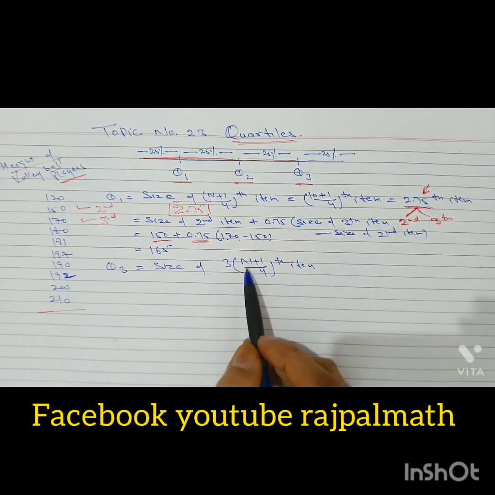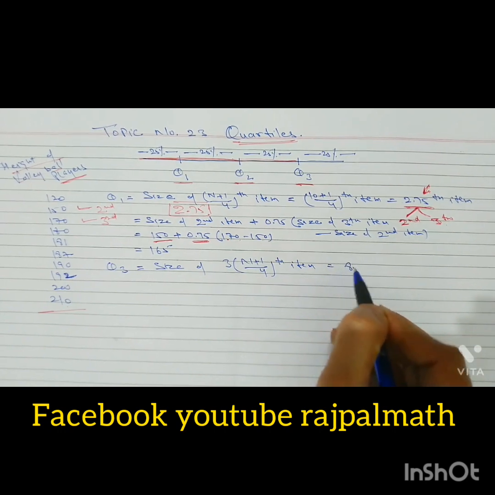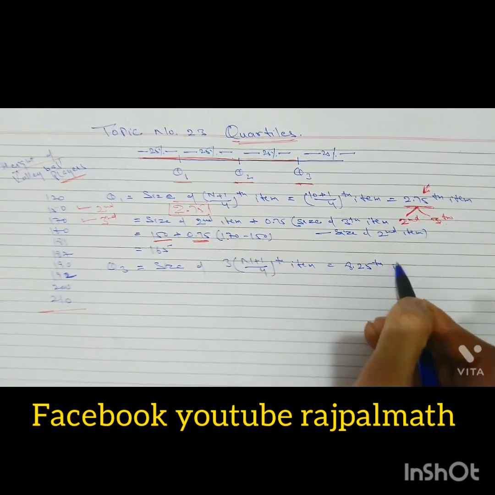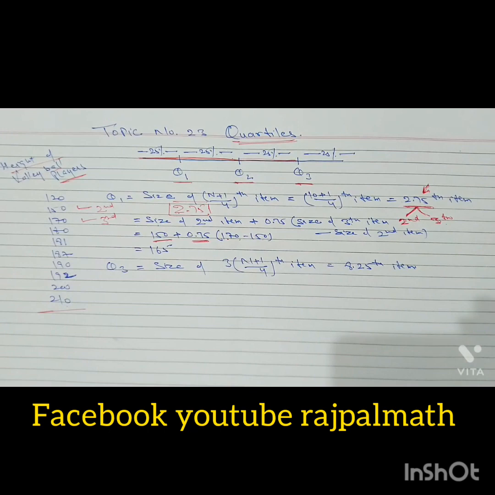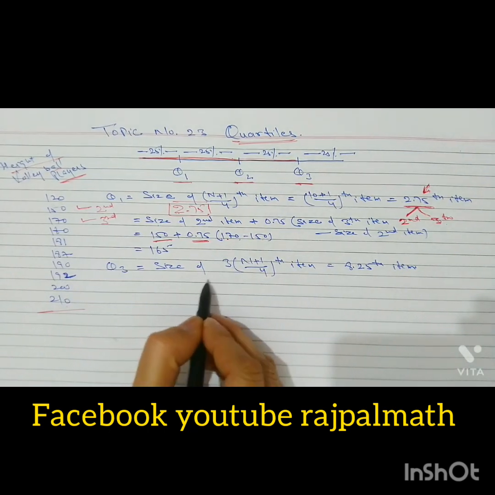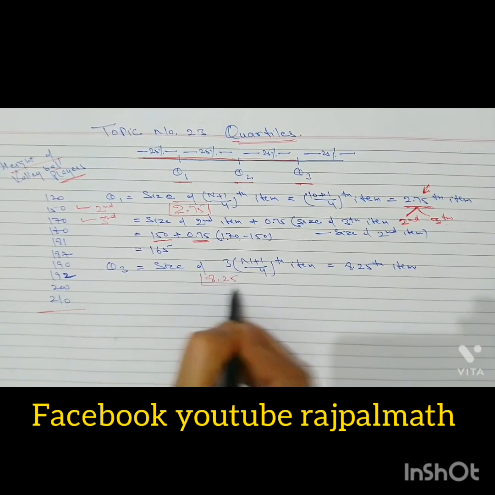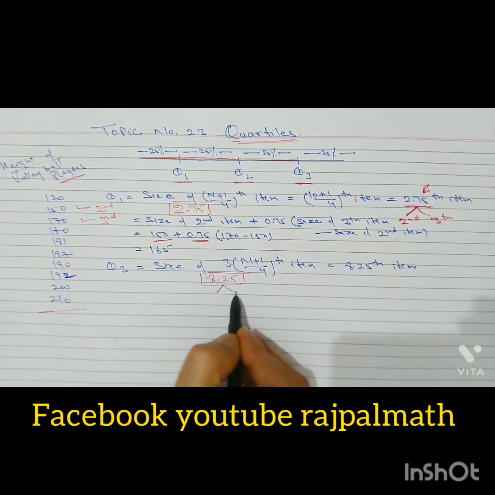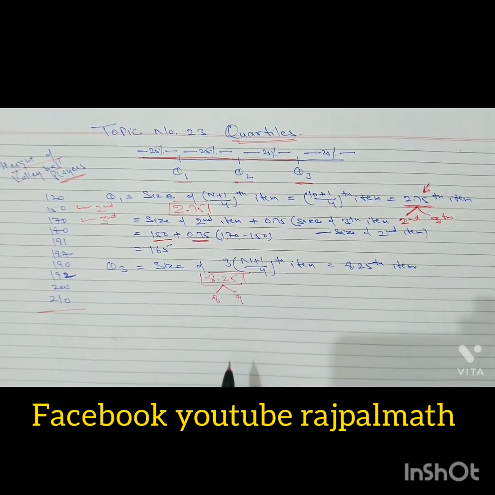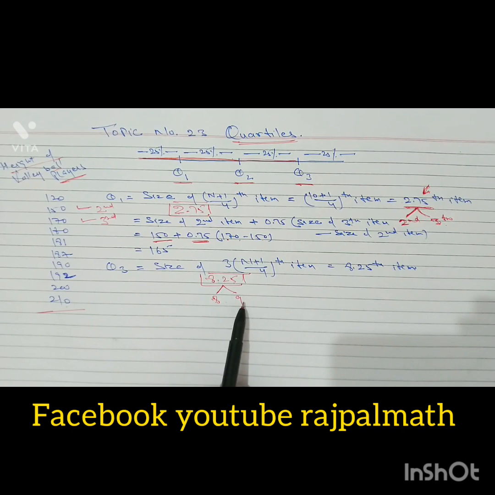By putting the value of n as 10, we get the size of the 8.25th item. 8.25 lies between 8 and 9. Size of 8th item plus 0.25 into (size of 9th item minus size of 8th item).